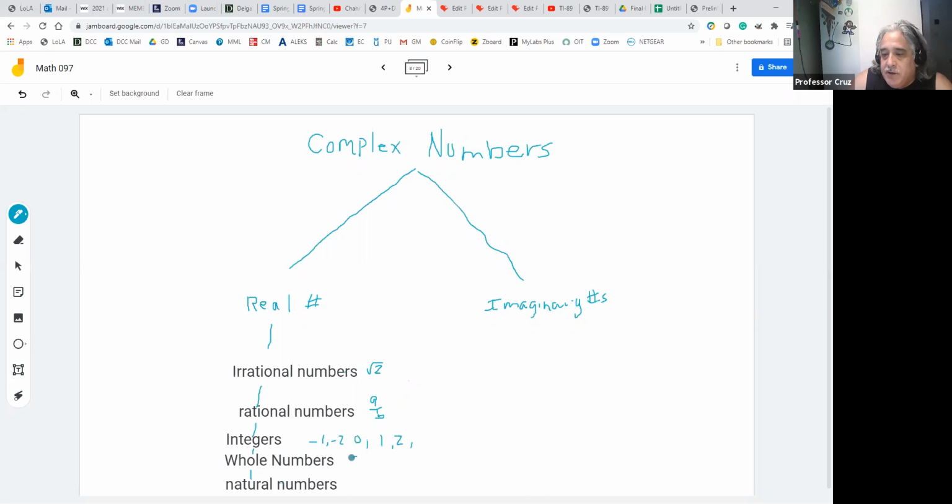Whole numbers just means that it brings in 0. And then this one is just 1, 2, 3, 4. Doesn't include 0. So every time you go up from natural numbers, you're throwing in something new. All right?